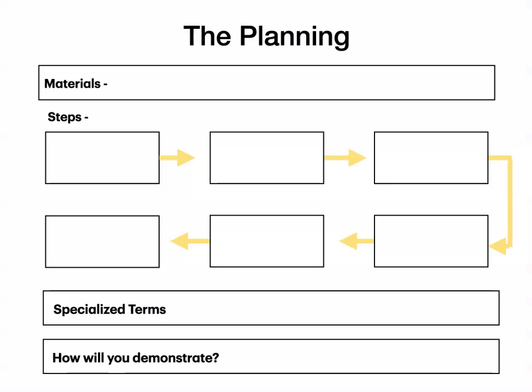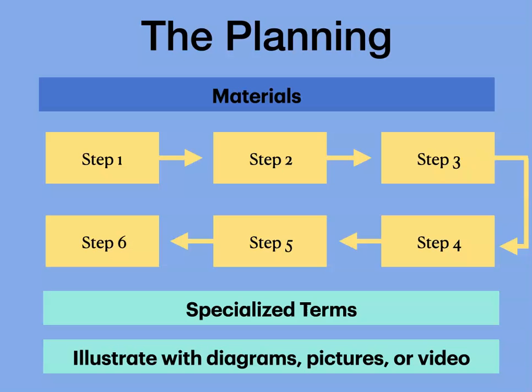You'll write in step 1, then you'll move to step 2, step 3, and make sure in each of these steps you include those sequence words. That way it will keep you flowing and using them correctly once you have started writing out the sentences and the whole paragraph. Then you want to make sure that you write down the specialized terms.